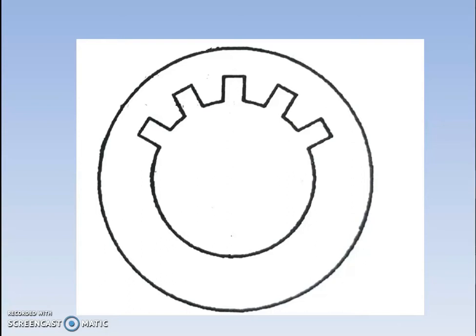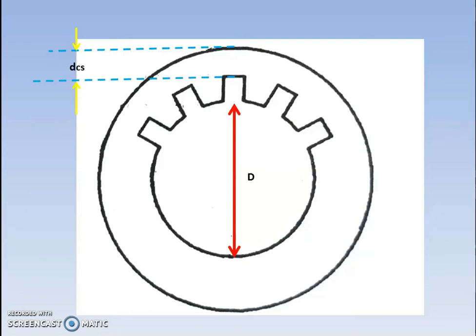We have bore diameter, then we have depth of the stator core, and then we have depth of the stator slot. So from this diagram we will be able to calculate magnetomotive force for the stator core.